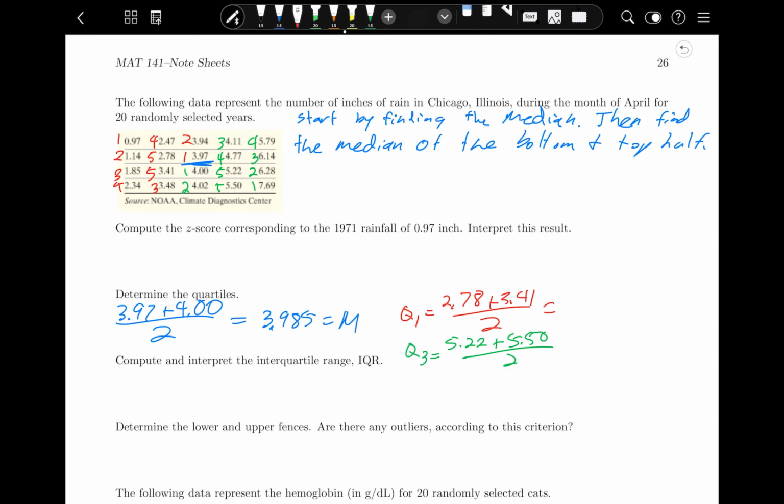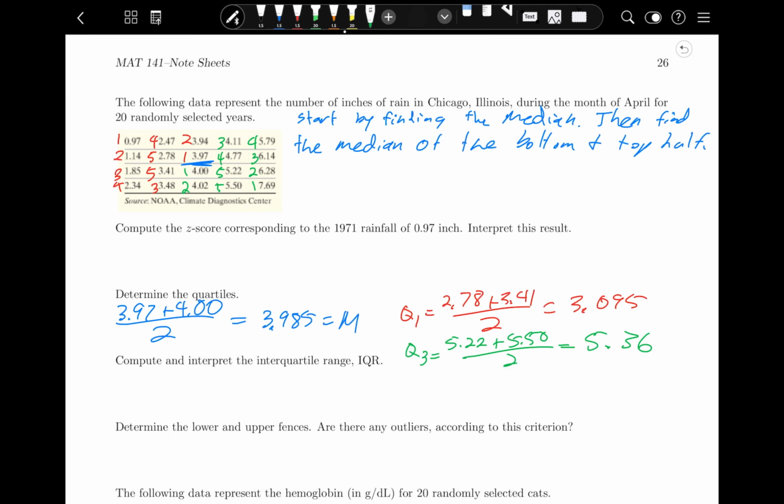And so we can do those calculations. So Q1 is 3.095 and Q3 is 5.36. Okay.